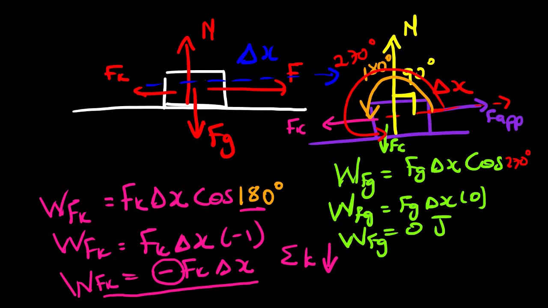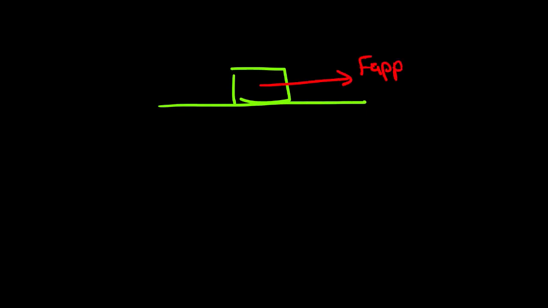So basically two forces do work on the object, which are kinetic friction and our force applied. Looking at the two, and we said this is our displacement, we can conclude that the force that does work on the object must be parallel to the displacement of the object.